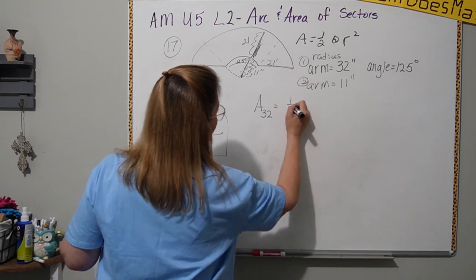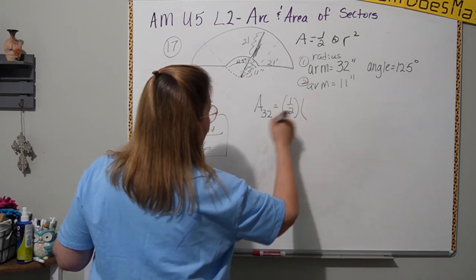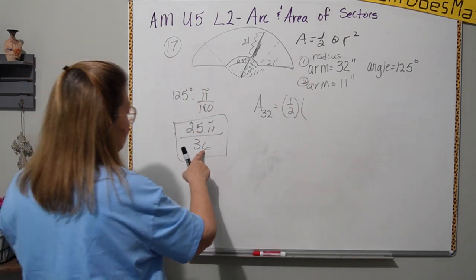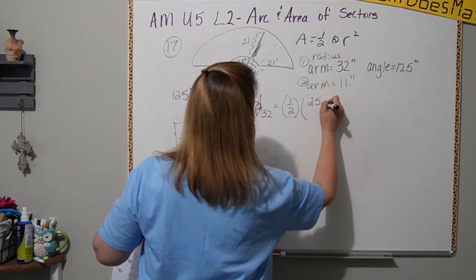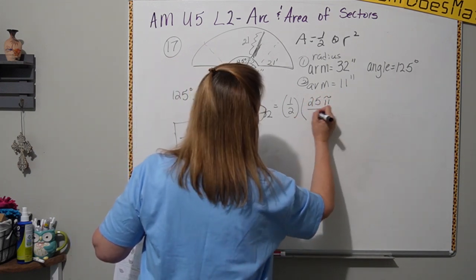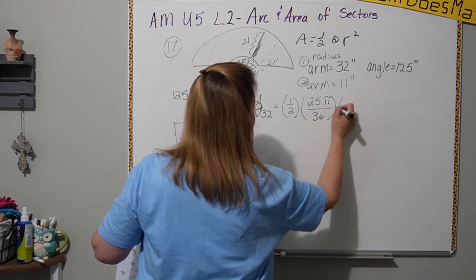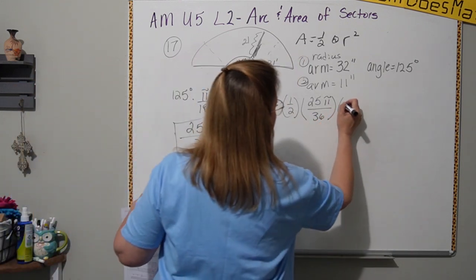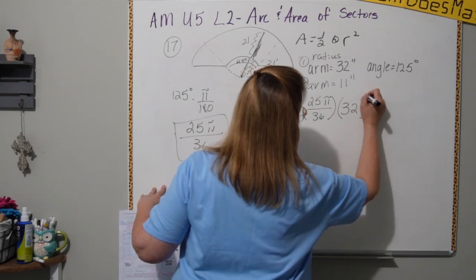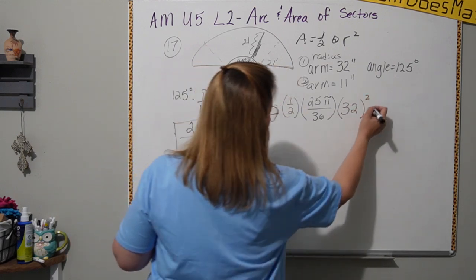That's going to be 1/2 times the radians that I just found for my angle, 25 pi over 36, times my radius squared. Since this is the 32-inch arm, it's going to be 32 inches squared.